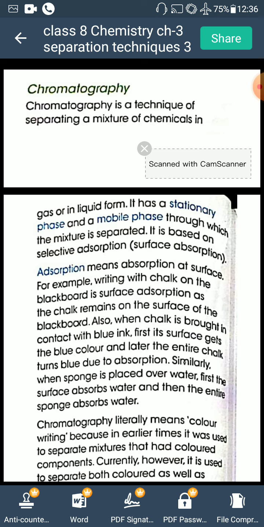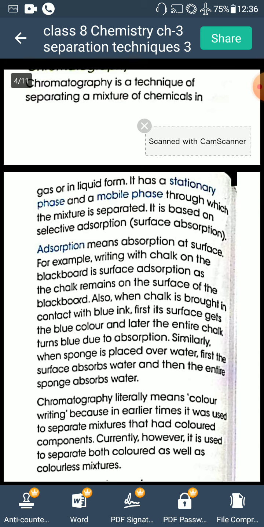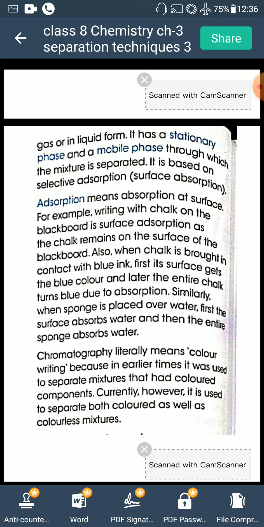Adsorption means absorption at the surface. Chromatography literally means color writing, because in earlier times it was used to separate mixtures that had colored components. But currently it is used to separate both colored as well as colorless mixtures.